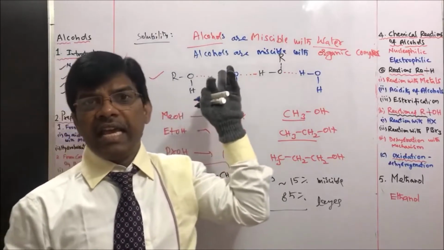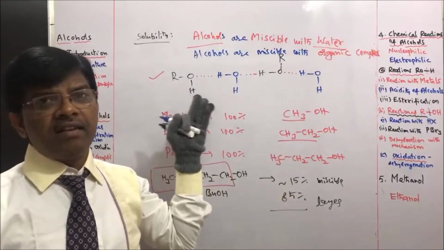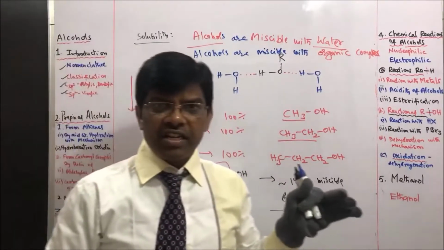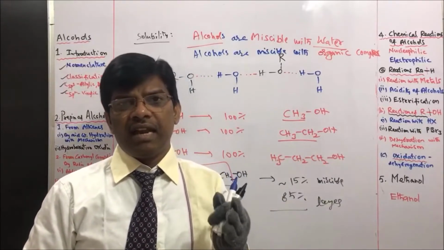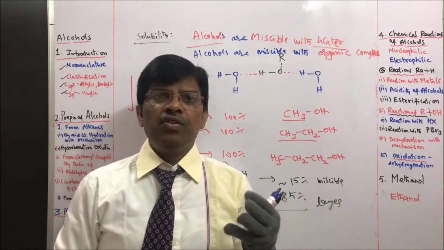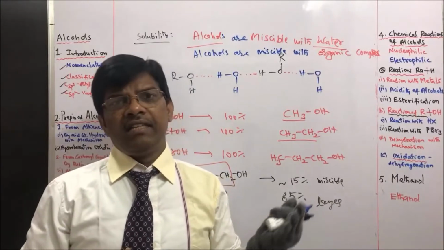That is why it is one of the universal solvents of organic chemistry. Most organic reactions were conducted in ethanol as a solvent, because of its usual solubility nature, where it dissolves water and it dissolves organic compounds.